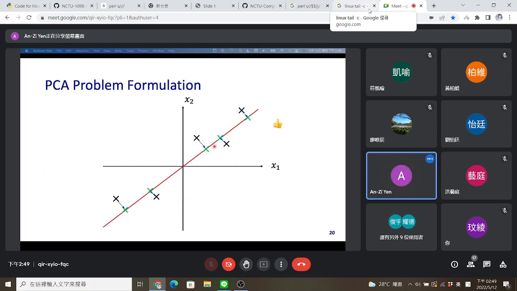What seems like a good line onto which to project the data?